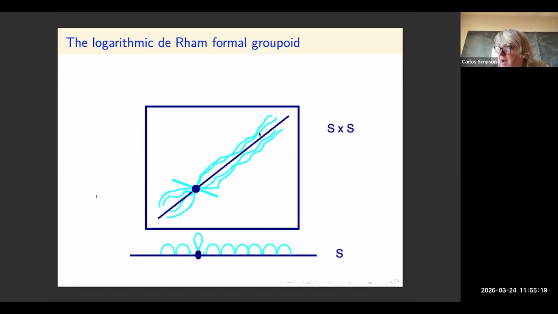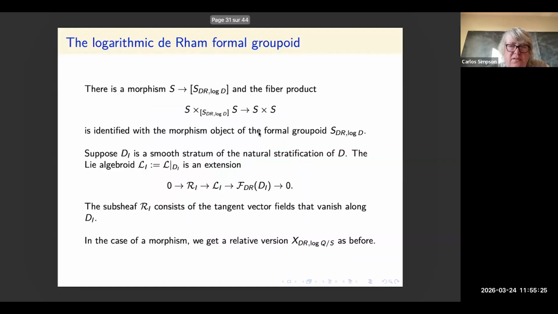Algebraically speaking, maybe it's easiest to work with the Lie algebroid in this case. And again, we have a morphism from S to the logarithmic de Rham stack. The fiber product is the morphism object, which we just saw. The divisor is going to have a stratification by multiple intersections.